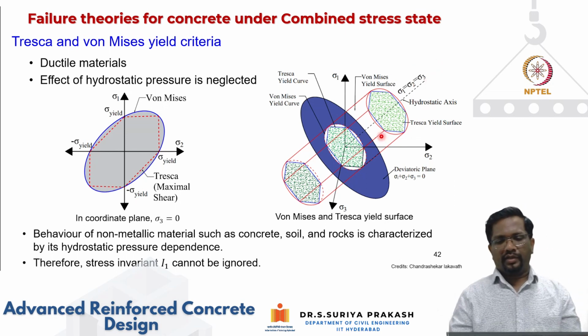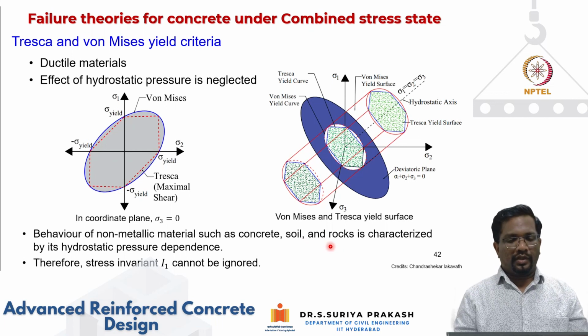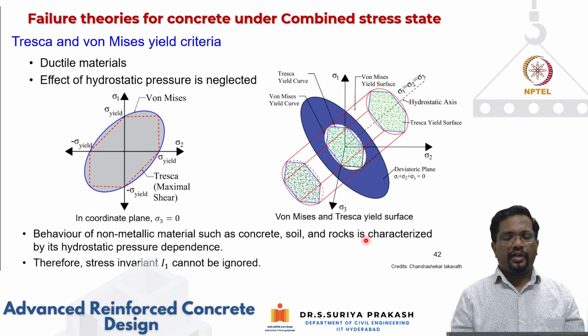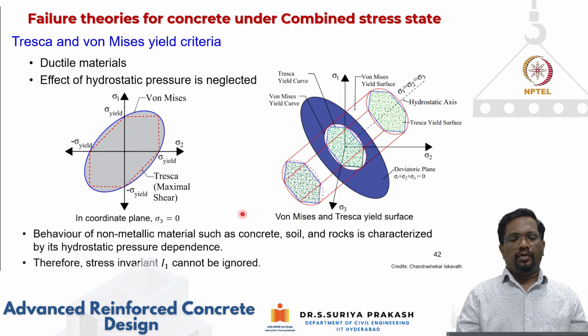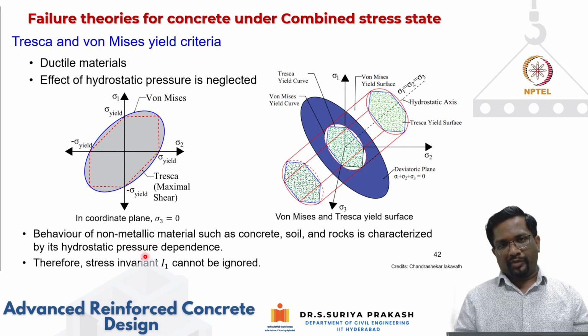Now, these failure surfaces or failure theories are valid only for metals or ductile materials. However, the behavior of non-metallic materials such as concrete, soil, and rocks is not only characterized by the shearing deformation; it also depends upon the hydrostatic pressure.